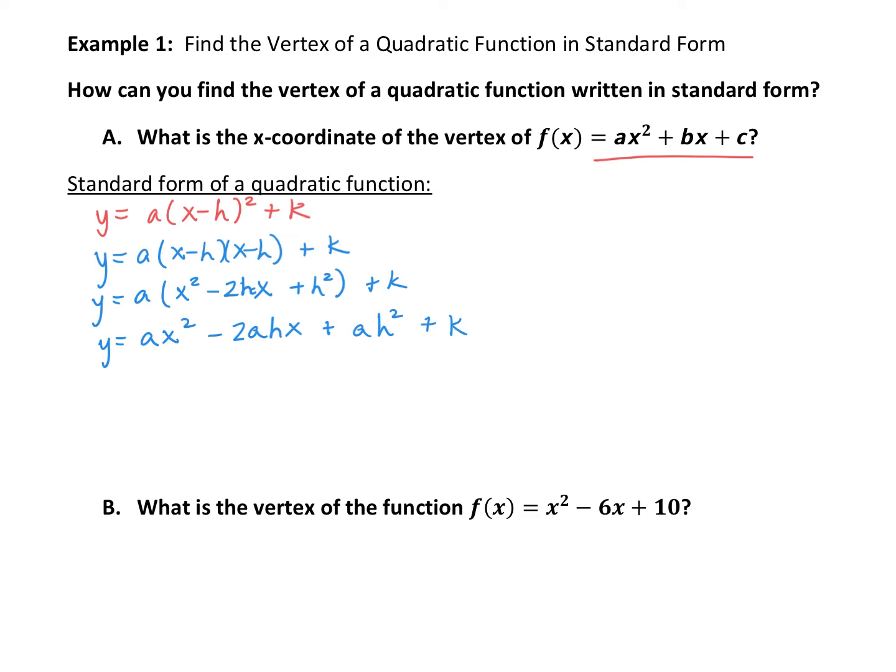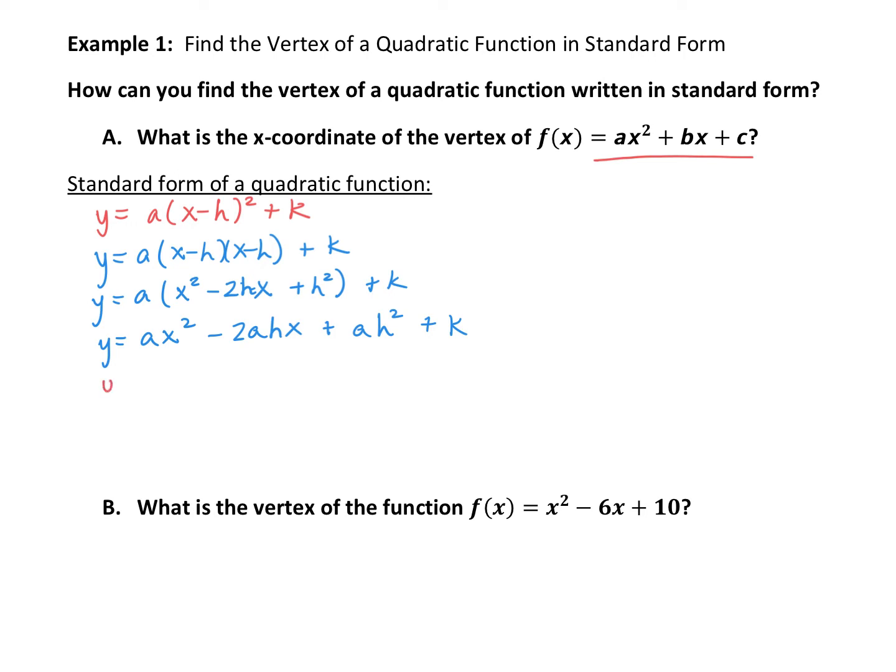All right, so why are we doing all this, right? Well, if we look at standard form, I'm going to write standard form right below it. So what we just did is we multiplied out vertex form, and it's going to look like this. So when our function looks all multiplied out, how do we figure out the vertex? How do we get this h value and that k value?